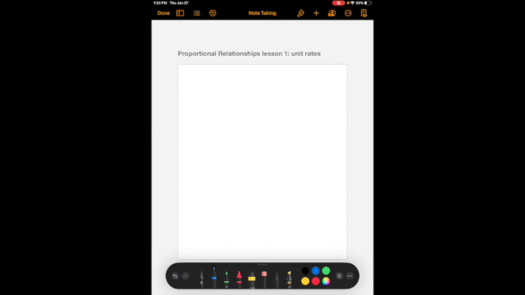So let's look at the first example together. Let's say we're painting a shed, the entire shed, but we are able to paint 36 square feet in 45 minutes.